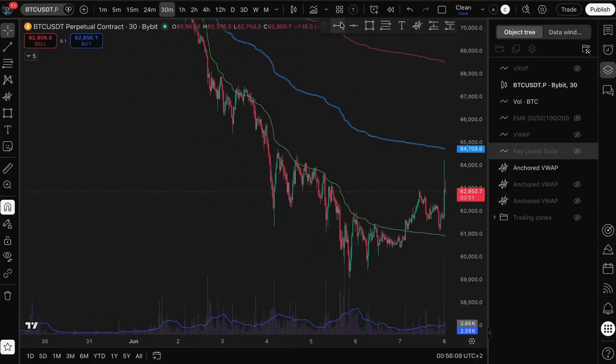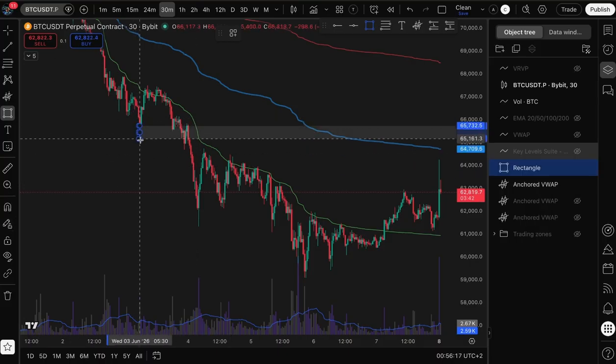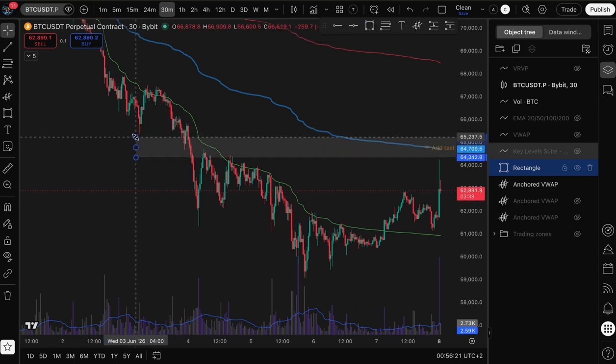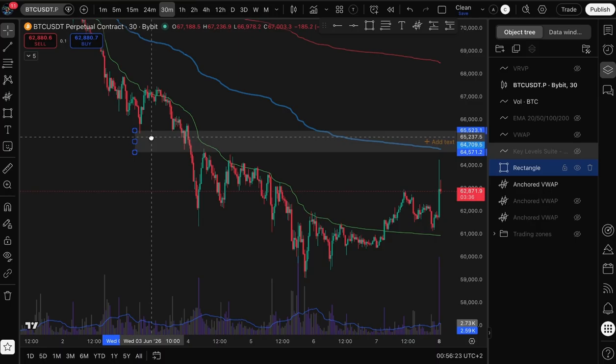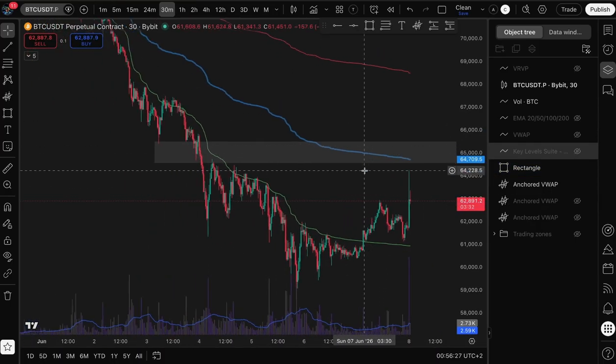And also just looking at local key SNR zones, we can see we have a pretty key low right here with some price action. We also have these highs, so we can make it a bigger zone pretty much. And we also have the VWAP. So this may actually be a pretty great resistance zone in this case.